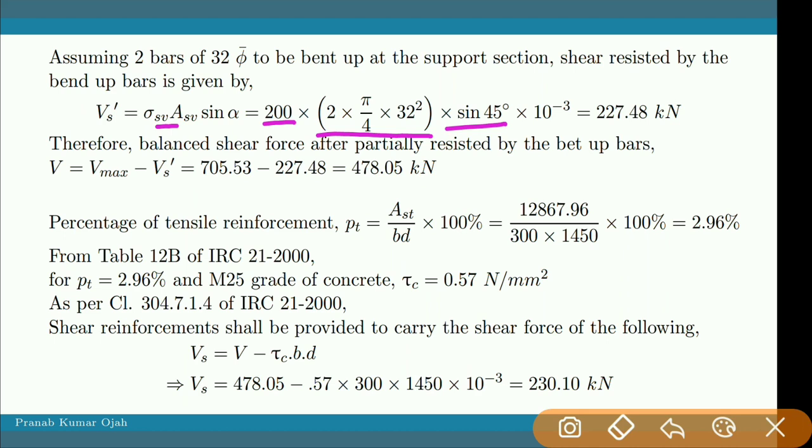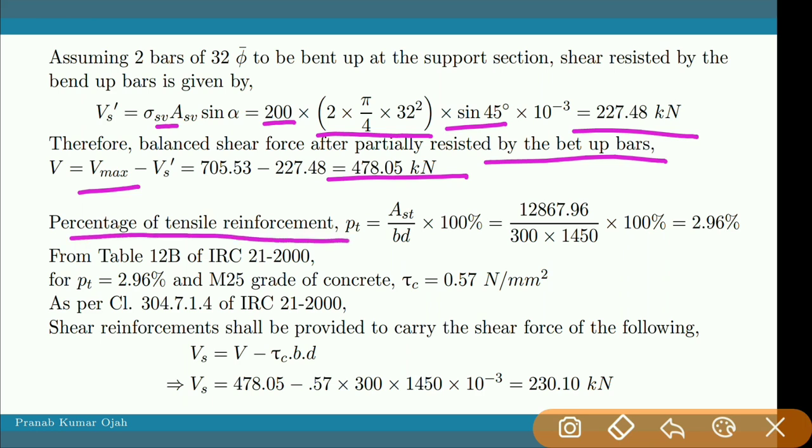The shear force resisted by the bent-up bars comes out as 227.48 kilonewton. Therefore, the balance shear force after being partially resisted by the bent-up bars, V maximum minus Vs dash, comes out as 478.05 kilonewton.